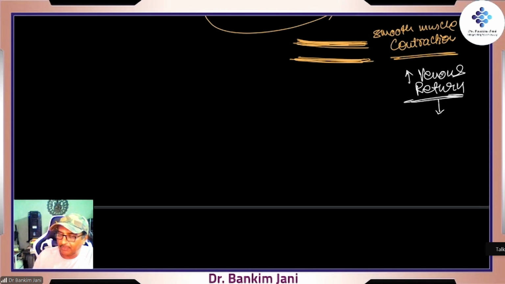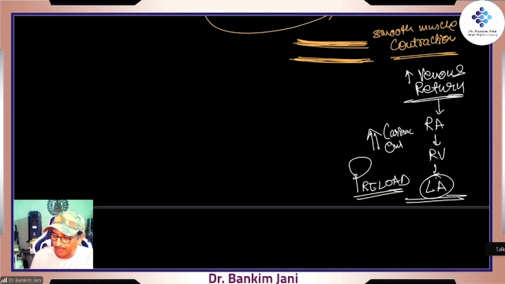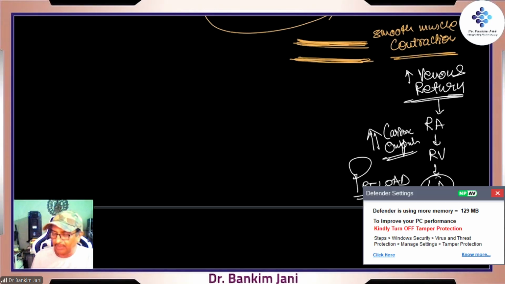From the venous system, it will go all the way to the right atrium, right ventricle, and eventually reach the left atrium. The left atrium is filled properly. So basically, this is nothing but what we learned: preload. And when the gun is loaded properly, it will fire better. This is the reason that it will lead to an increase in the cardiac output. So this is one of the mechanisms.